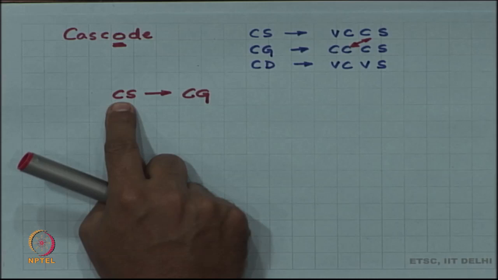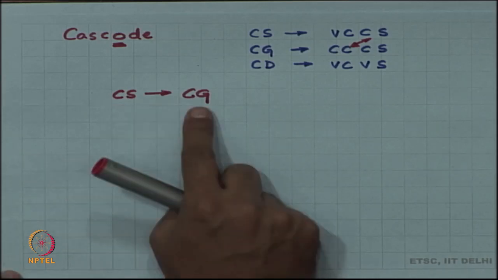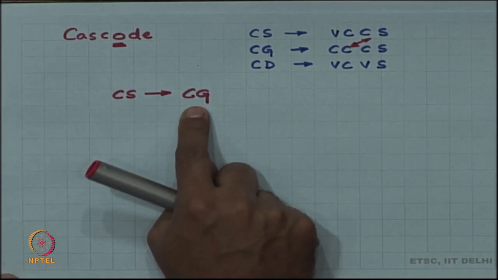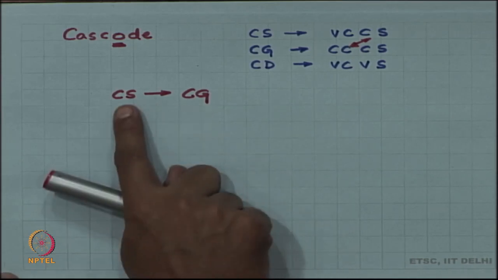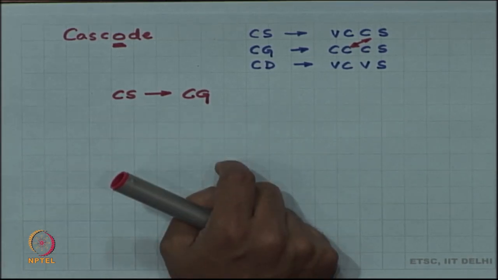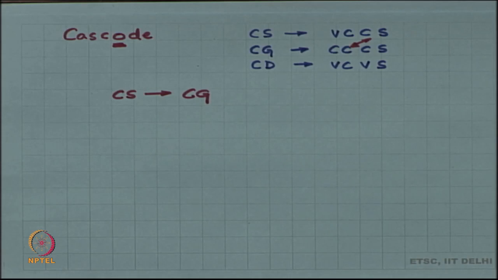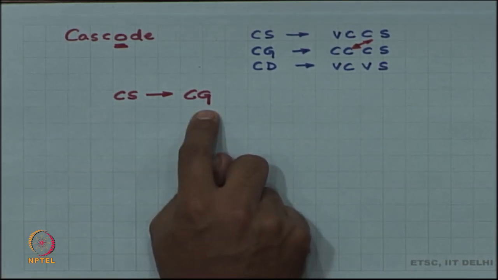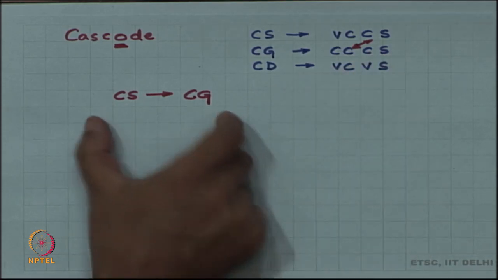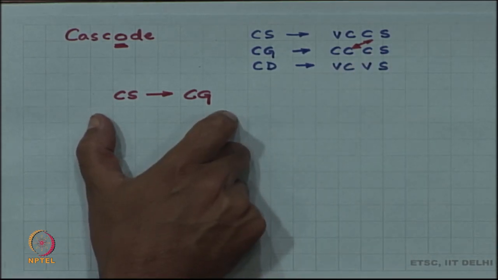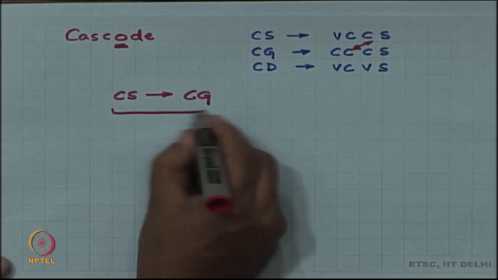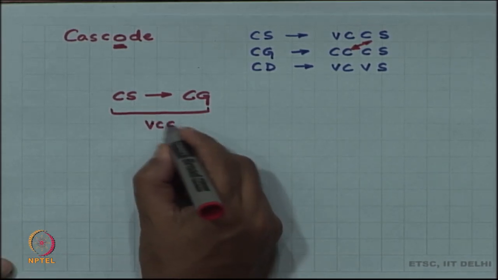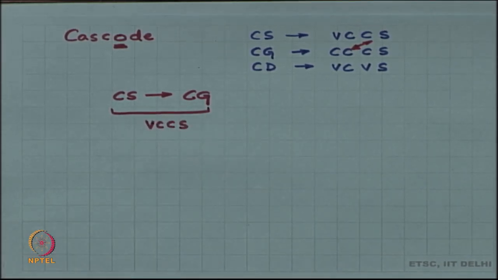So, common source is a voltage controlled current source, common gate is a current controlled current source. So, this is VCCS, this is CCCS. So, overall you will still have a voltage controlled current source. Hopefully a better one.